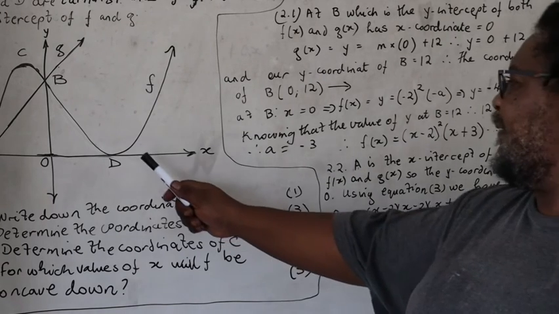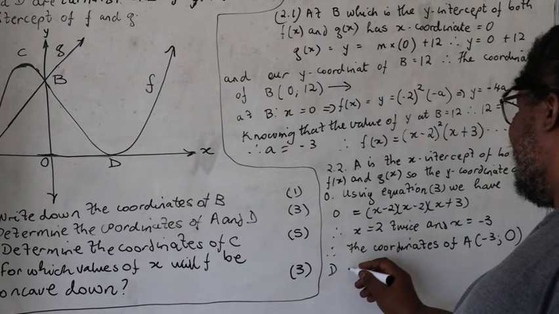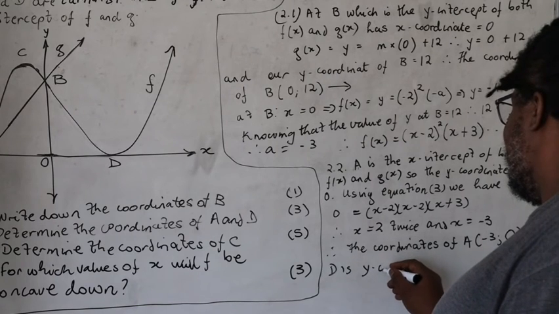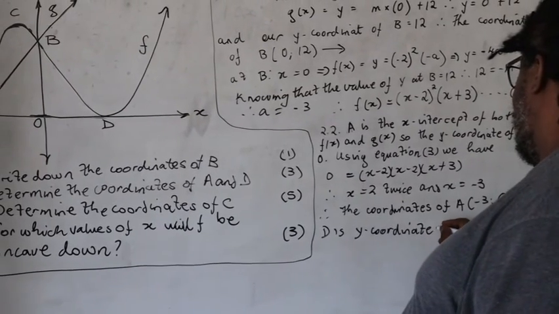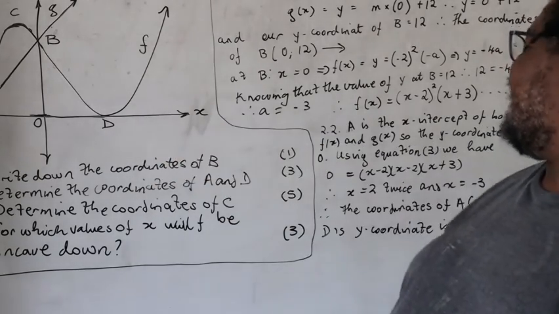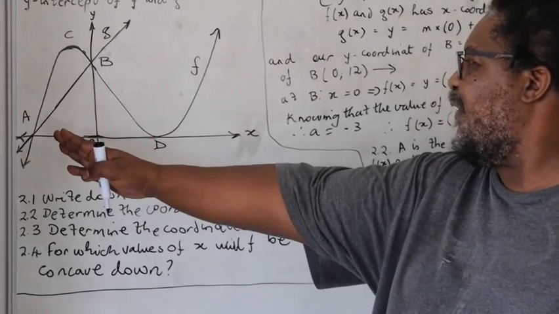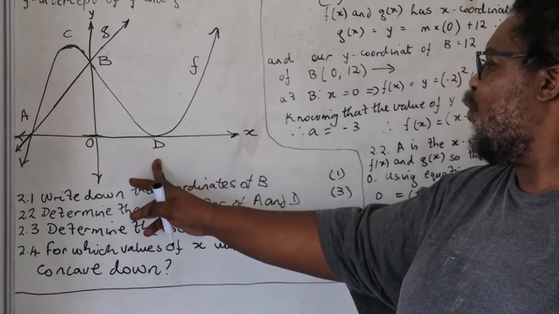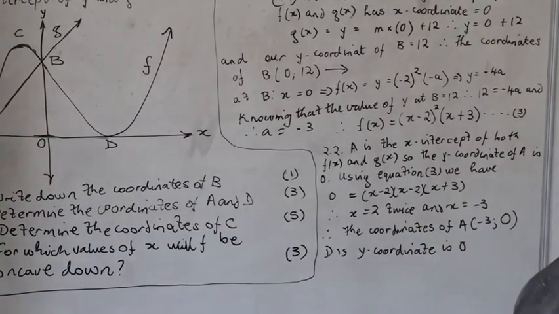So if you look at D, the y coordinate is 0, but then it just touches 2 at that point. We agreed that that point is minus 3 because of the position where A is. So in this same token, we can also conclude that D is positive and it is 2.